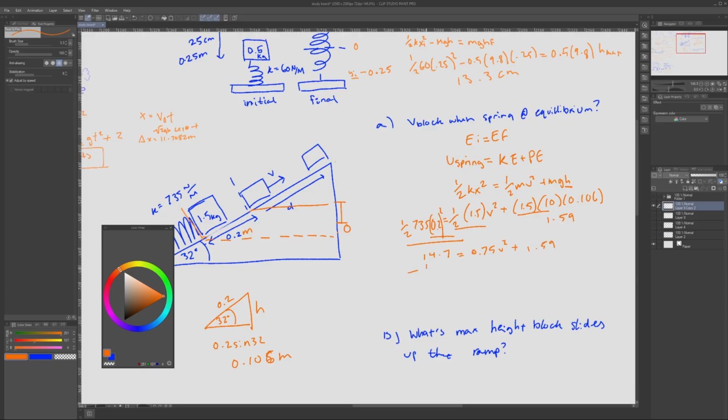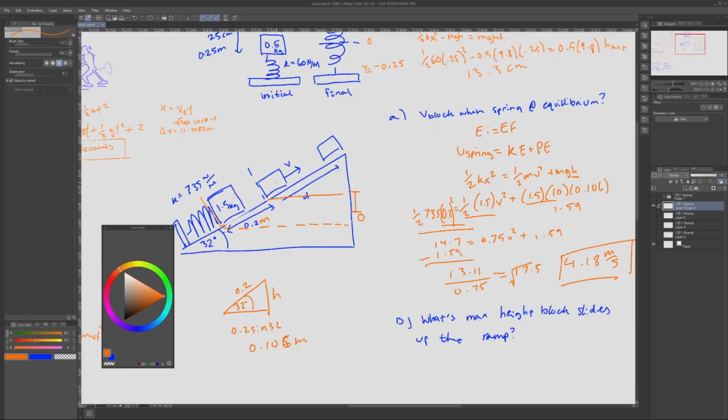We're just going to subtract this 1.59. 14.7 minus 1.59 is equal to 13.11, divided by 0.75 is equal to 17.5. Square root that. That will give us 4.18 meters per second as our velocity at equilibrium.